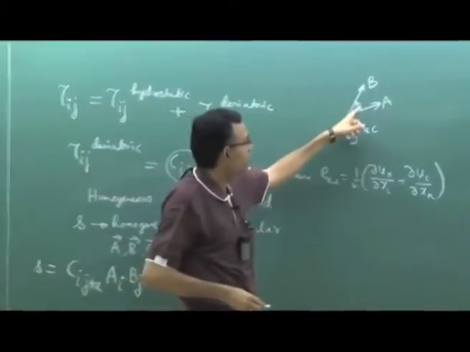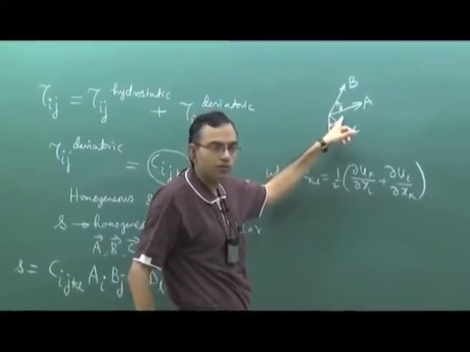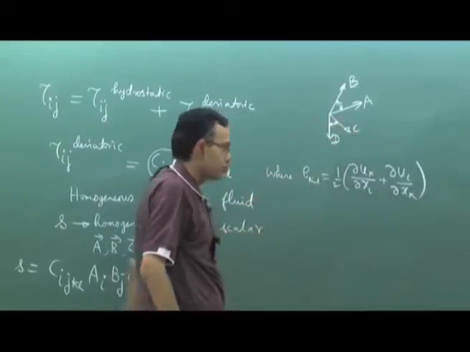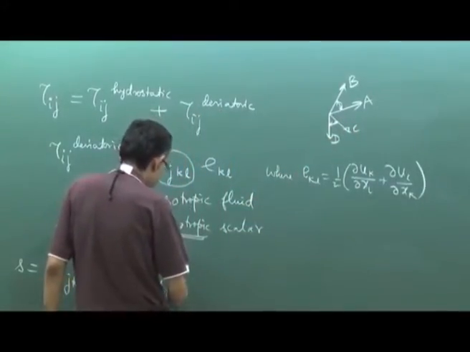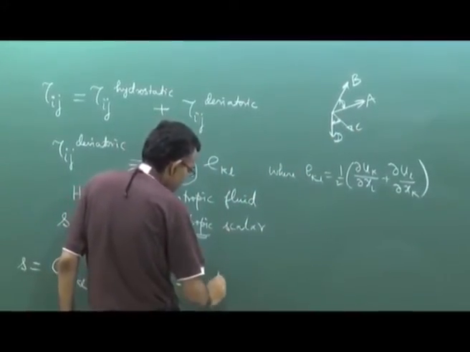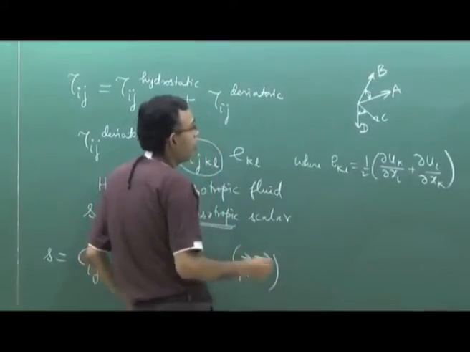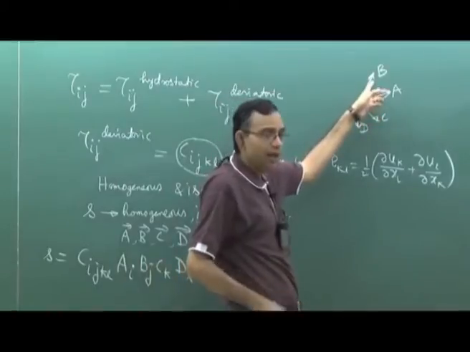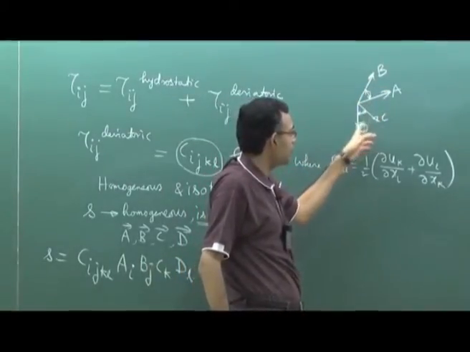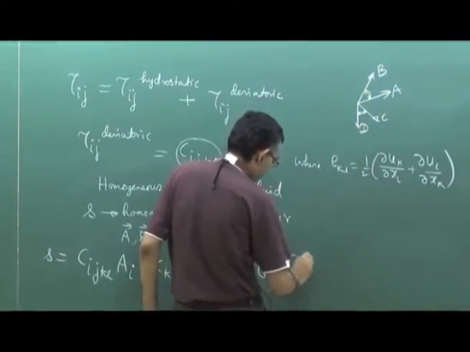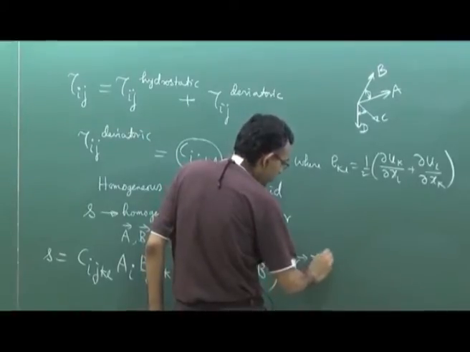The angle between A and B is given by the dot product of A and B. So you can write this as a combination of: if you pair A with B, then you will pair C with D. How many such combinations are possible?